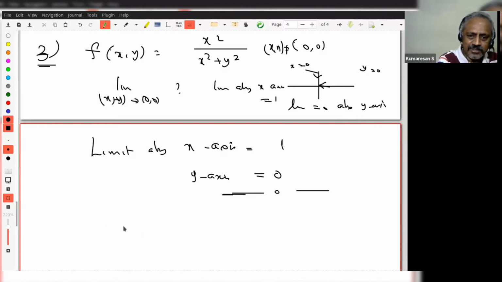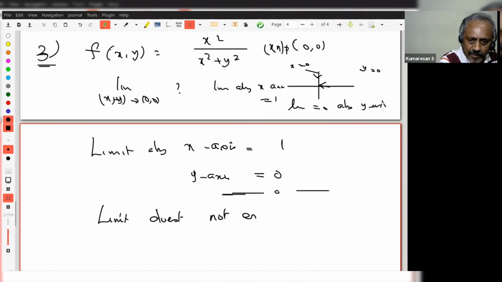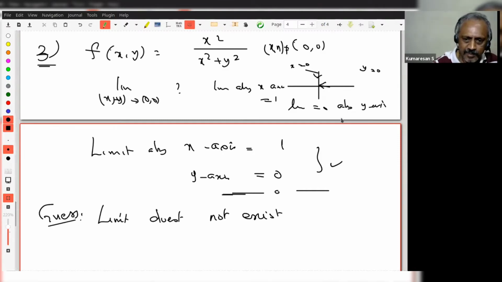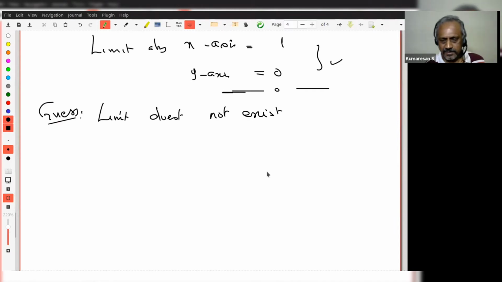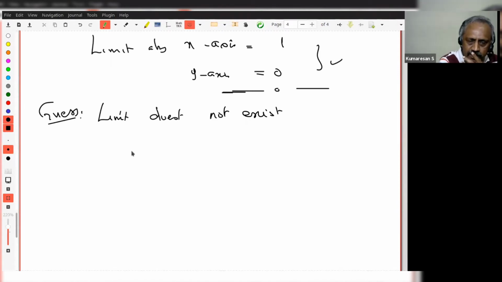Okay, what do I have to check? I want to say this shows my guess is that the limit does not exist. This is my guess, even though that's allegedly a proof for many people. For me, it's a guess. Now, how do I prove that? Suppose I take epsilon equal to half.